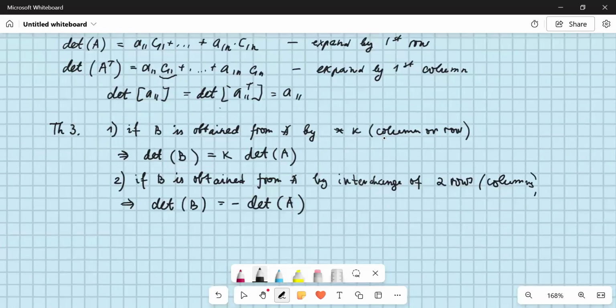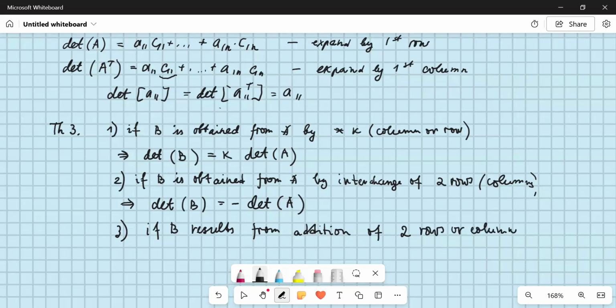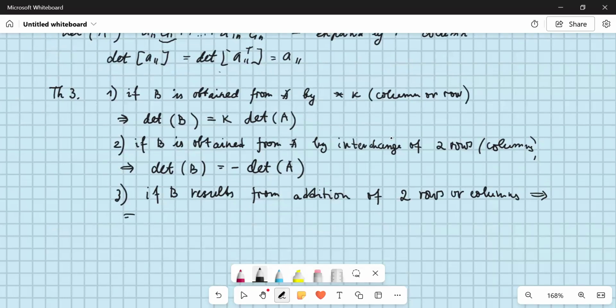And the last one, what we can also do, the last elementary operation, is if B results from addition of two rows or columns, then, yeah, I'm writing it short, but we remember that the actual operation is multiply one row by any non-zero number and add it to another one, right?